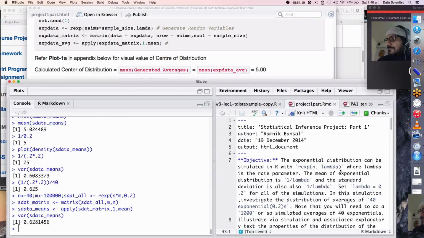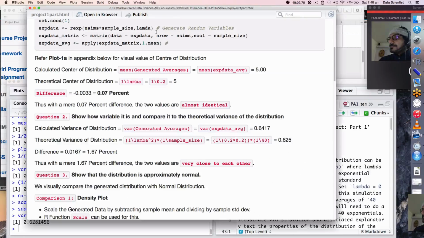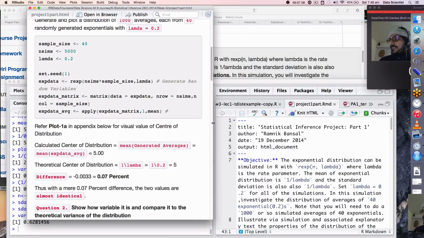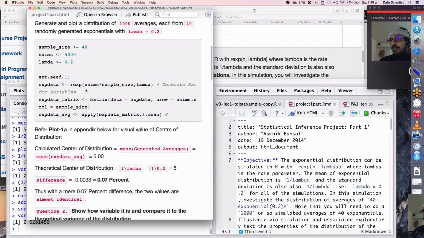Anything that I want to do in bold, let me shrink this size, is in the two stars here. So objective has become bold, if you notice.